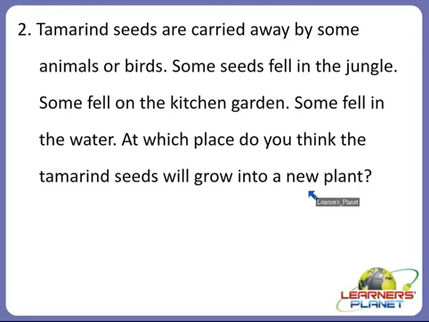So what do they have? They have stiff hair, because of which the seeds stick to the body of these animals and birds. So what will happen? The tamarind seeds, having very stiff hair, will stick to the bodies of animals and birds, and then they are carried away from the mother plant or the parent plant, right? As they stick to the bodies of animals and birds, they will be carried away from the parent plant. And what will happen then?